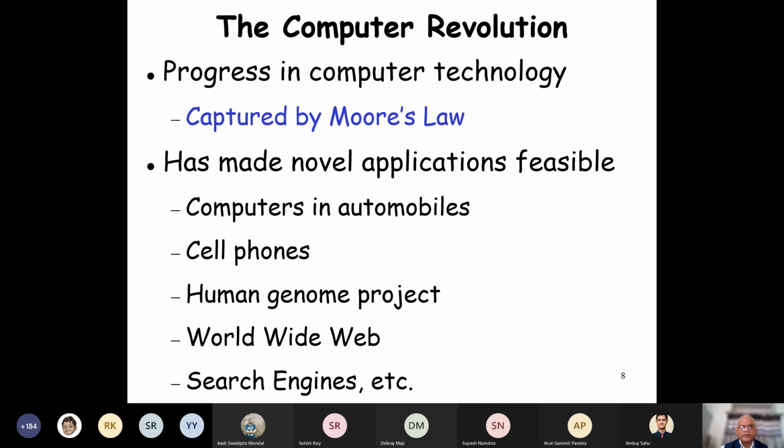Okay, so let's look at some basic things. One is that the computer has progressed phenomenally, starting from the time of von Neumann. The progress of computers has been captured by Moore's law, a basic law.